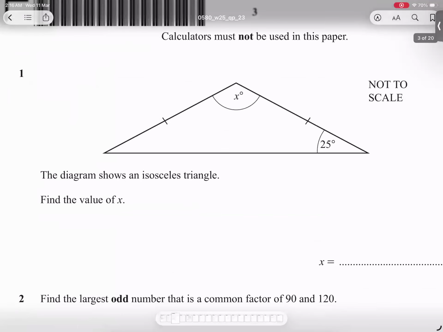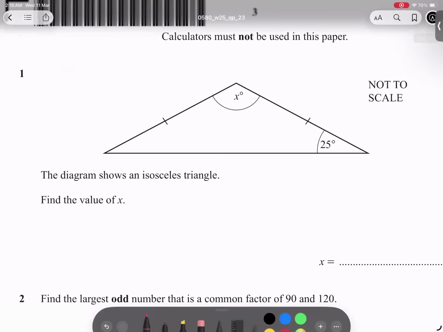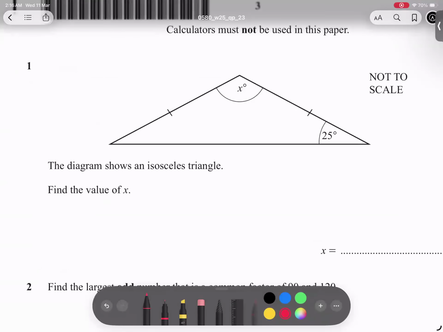Question number 1. The diagram shows a triangle, and this single cut means they are equal. So if the sides are equal, then opposite angles are naturally equal.